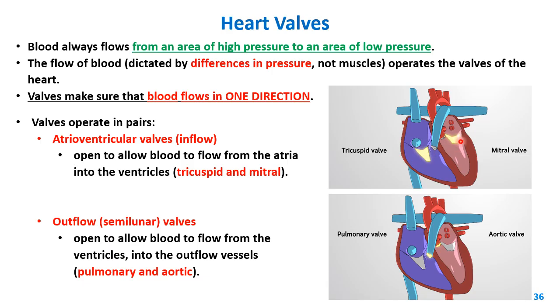Those are called your atrioventricular valves. And then you have valves that are on the outflow part of the heart. So you have a valve that is right there at the entrance to your pulmonary trunk, and another valve that is right there at the entrance to the aorta. So those are your outflow valves. They are also called semilunar valves. Okay?